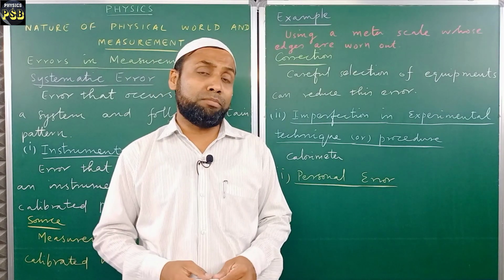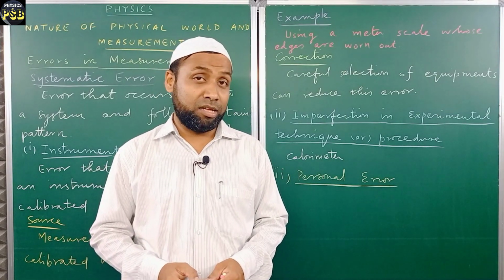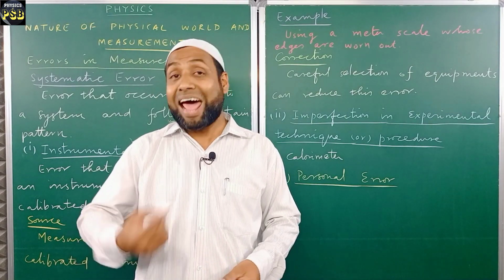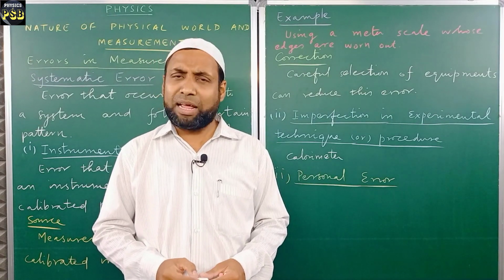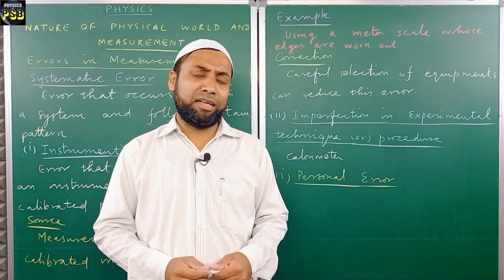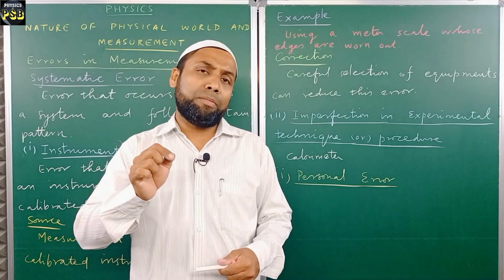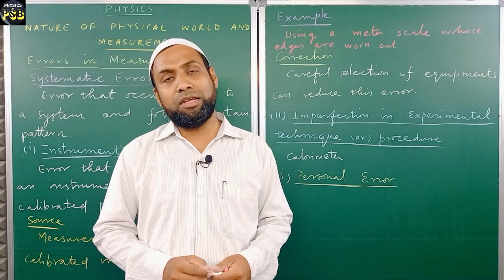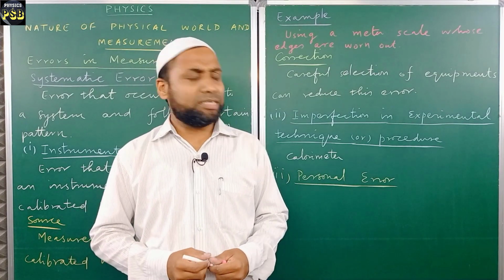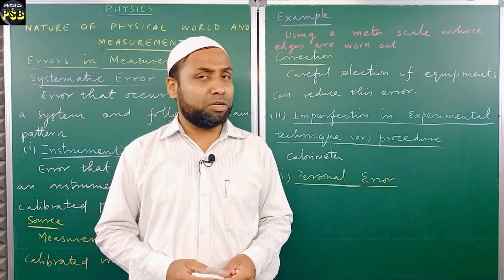This may be due to some personal traits or the carelessness of the person who performs the experiment, or sometimes while taking a reading we mention wrong values in the calculation. That also results in this kind of personal error.